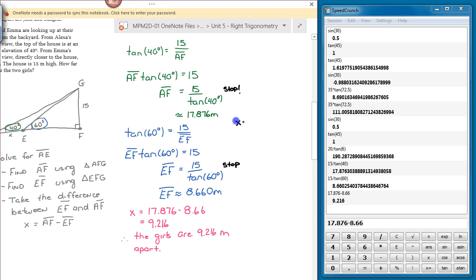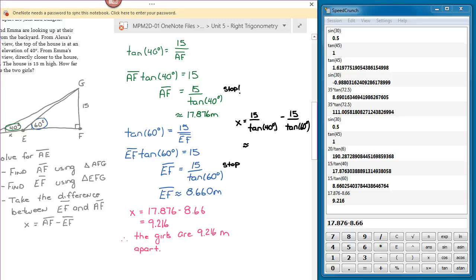So I would write X is equal to, and as opposed to putting 17.876, I would say 15 divided by tan of 40 degrees minus 15 divided by tan of 60 degrees. And I'd type this in my calculator. What this is going to do is give me a more accurate answer. Also, being comfortable substituting in this form will help identify situations where you can cancel and so on and so forth.